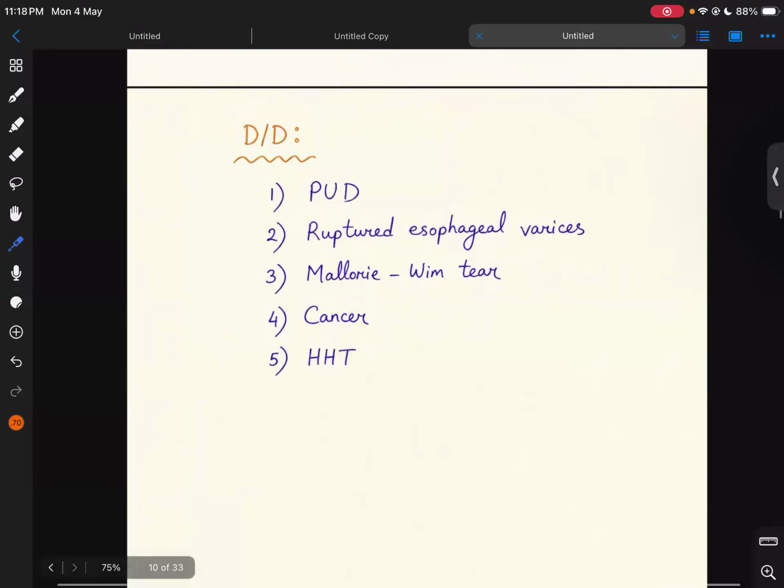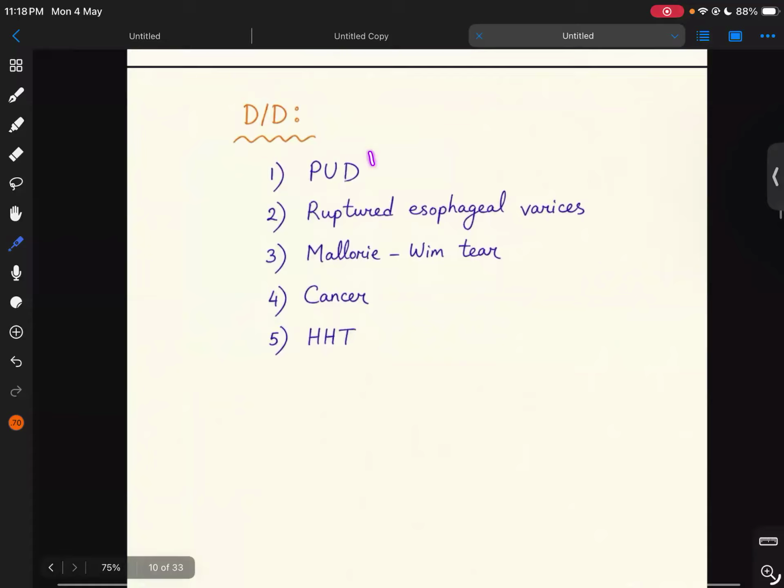So how to rule them out? These are the differential diagnoses for any case of hematemesis: peptic ulcer disease, ruptured esophageal varices, Mallory-Weiss tear, cancer, and hereditary hemorrhagic telangiectasia. In peptic ulcer disease, the patient will have tummy pain.